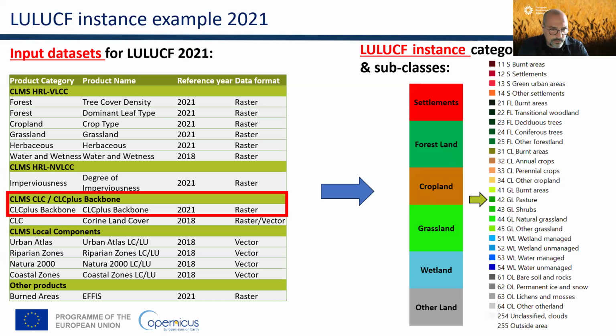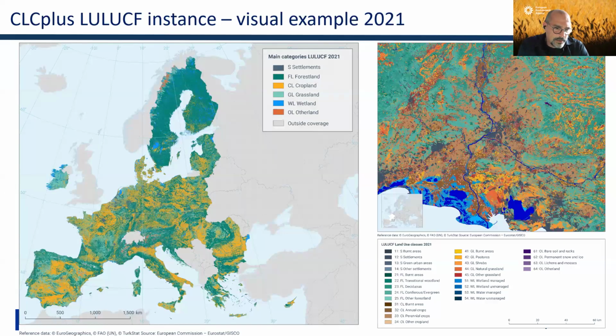Next slide. Just to show you visually how that looks. So this is the product we had for 21. Please note that from 21 onwards, we will extend the area to the full EEA 38 plus UK area.